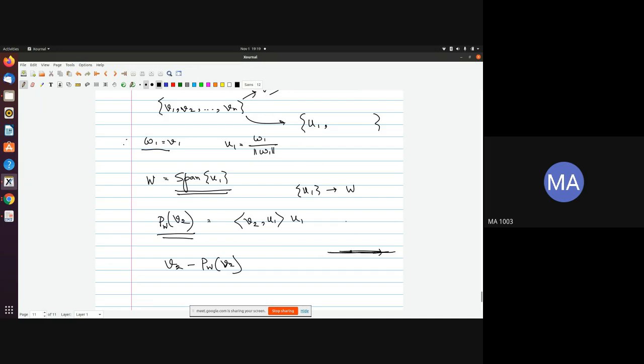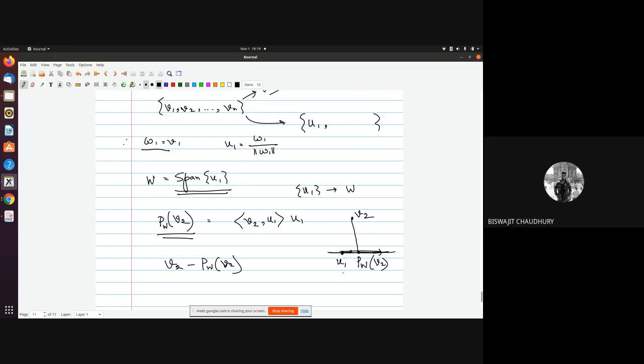I have another vector V2 here, and I have taken a projection of it, P_W V2. If I subtract V2 minus P_W V2, what I get is orthogonal to U1. Is it clear?